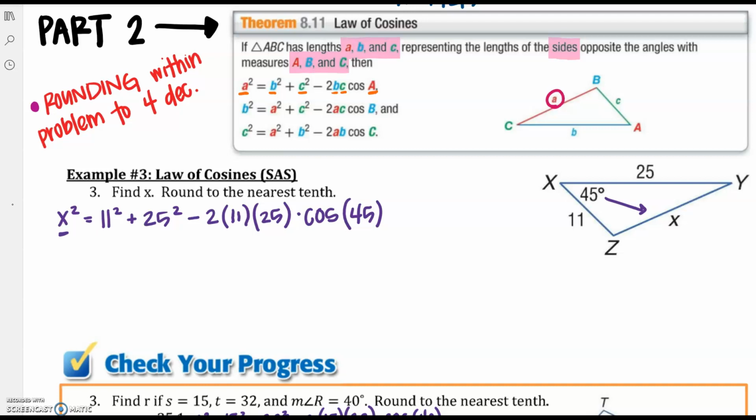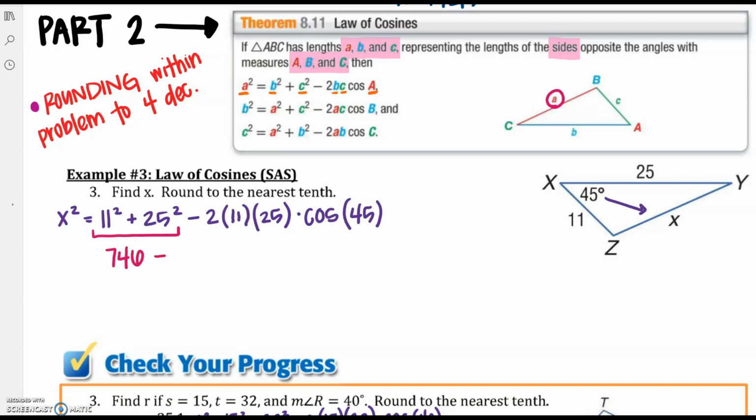Remember, cosine of 45 degrees is actually a number. So if you notice all of those numbers in there, you can put that in your calculator. Just make sure you're closing your parentheses and doing all the order of operations. So I like to do just a few steps first. 11 squared plus 25 squared is actually 746.